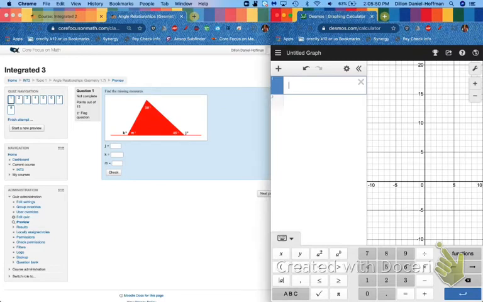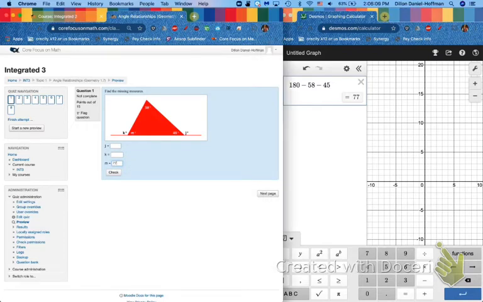Over here in my Desmos calculator, I can start with 180 and subtract my two red triangle angles of 58 and 45. I'm simply subtracting these two from 180, and that gets me M. So M is 77. And for right now, I can just replace that M in my picture with 77.